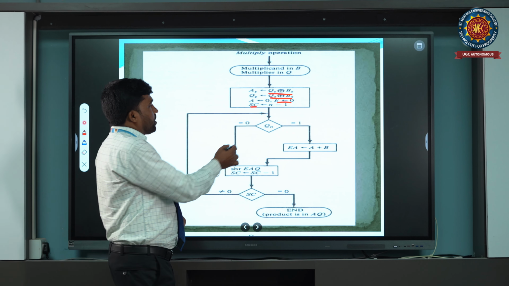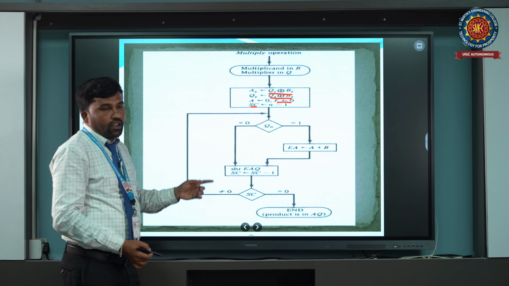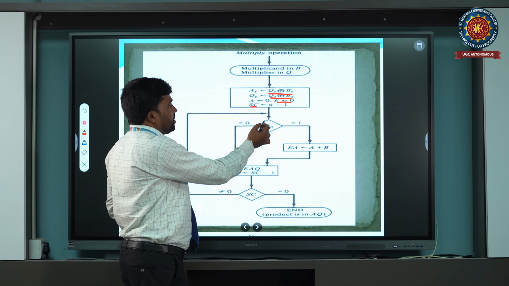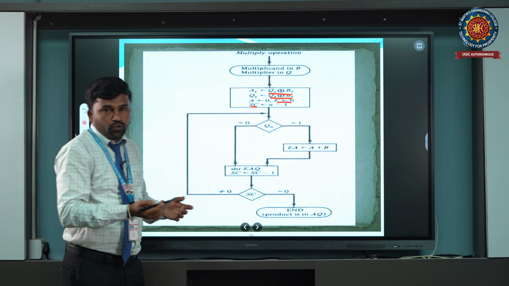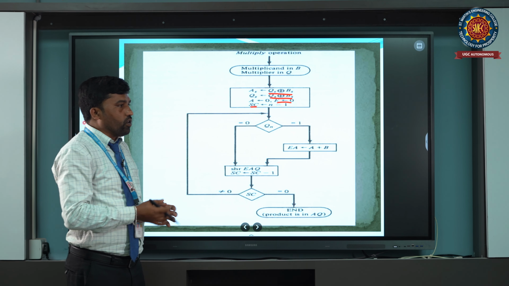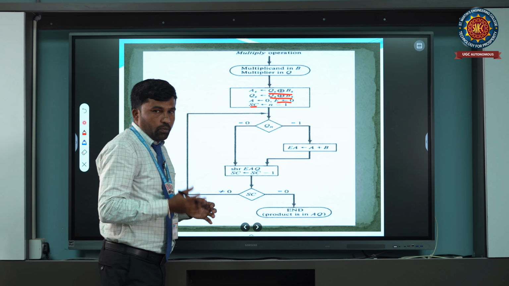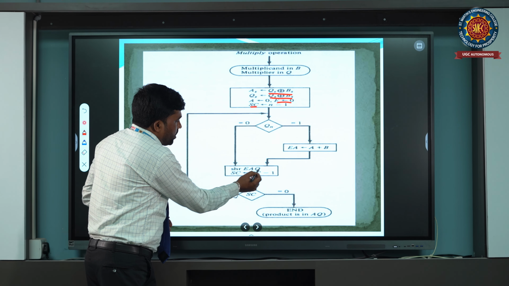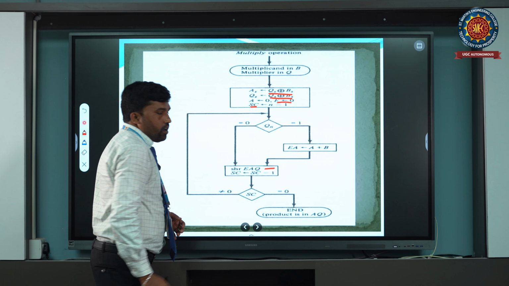So what is the next condition here? Already we discussed in the hardware implementation Qn. If Qn is equal to 0, we directly do the shift right EAQ operation.